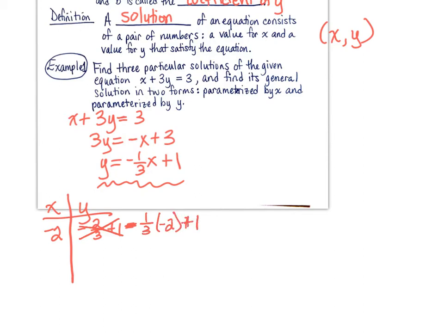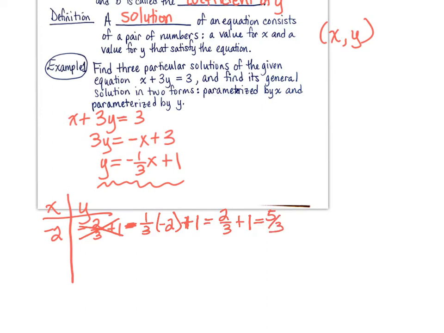Plus 1. When we substitute in a negative 2, you get what? Negative 1/3 times negative 2 is 2/3 plus 1. 1 is 3/3, so you get what? 5/3. Good.